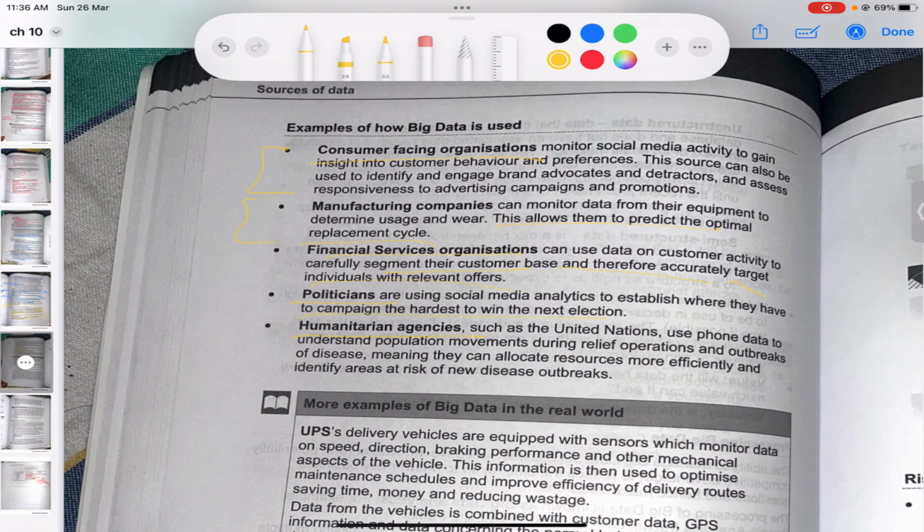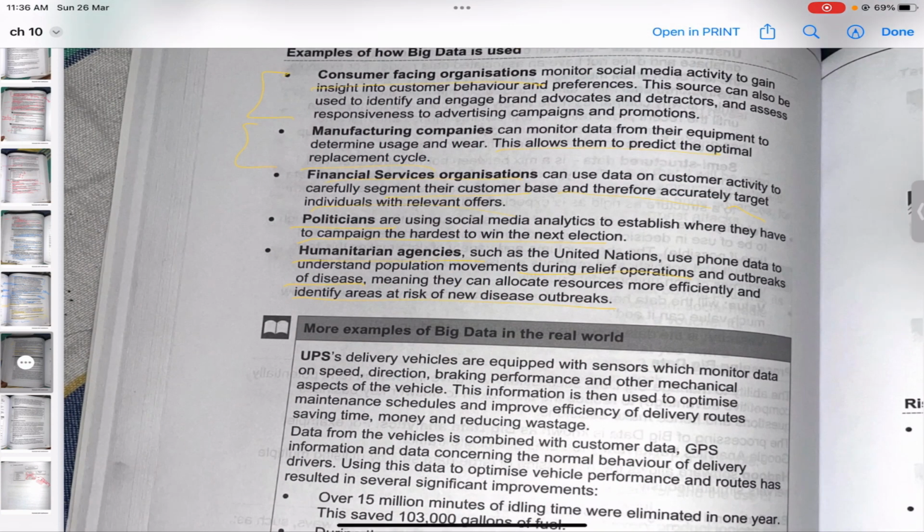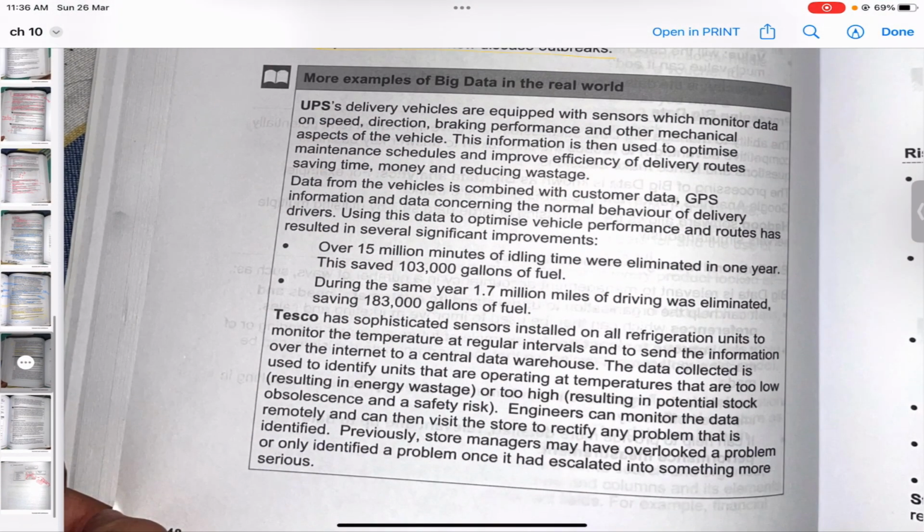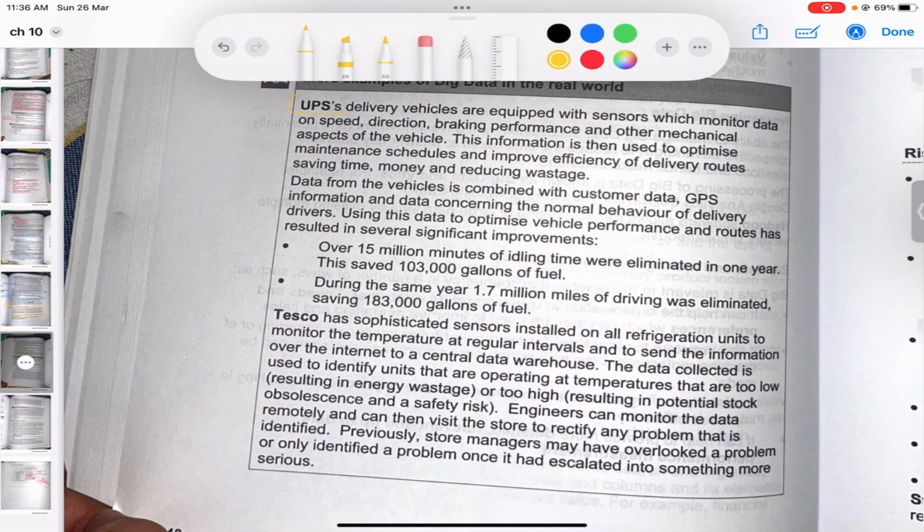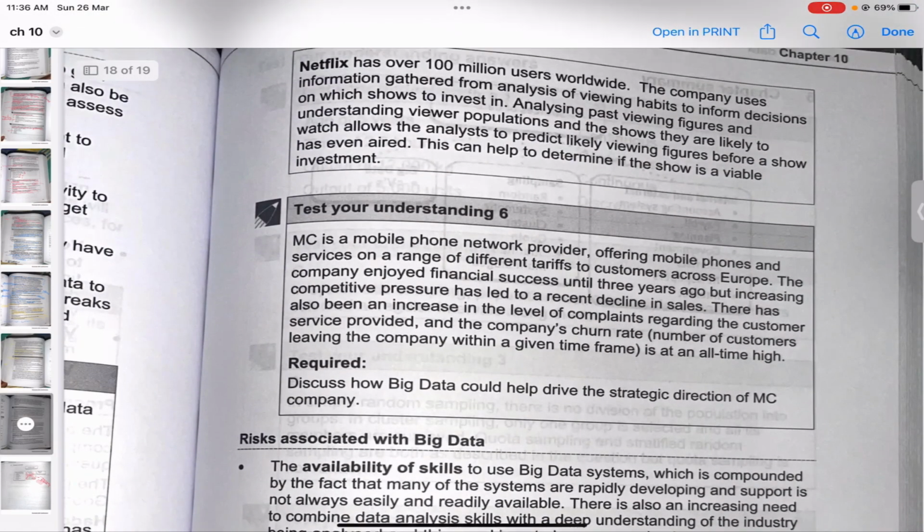Humanitarian agencies like the UN use phone data and location data in relief operations, and they use it for epidemics and diseases. Okay, now UPS's delivery vehicles are equipped with sensors. Tesco has sophisticated sensors installed. So these are some of the examples of where big data is actually being used.